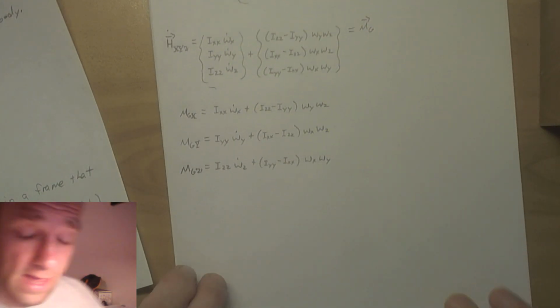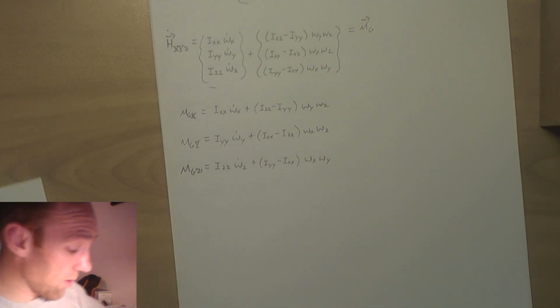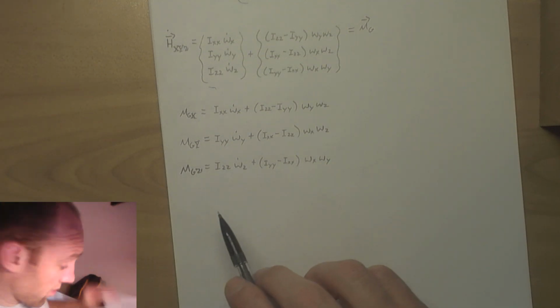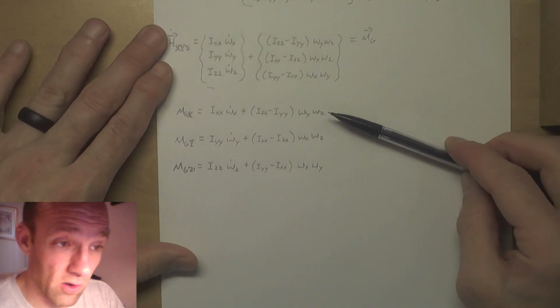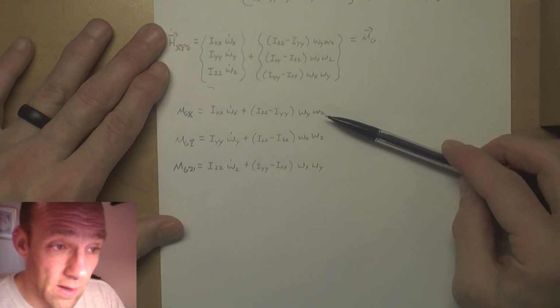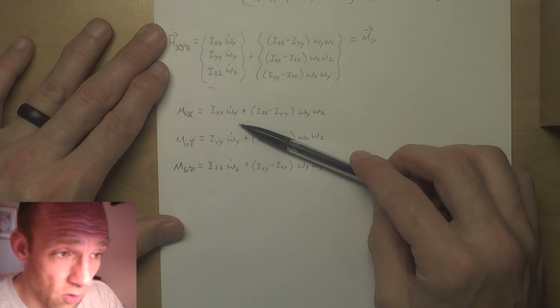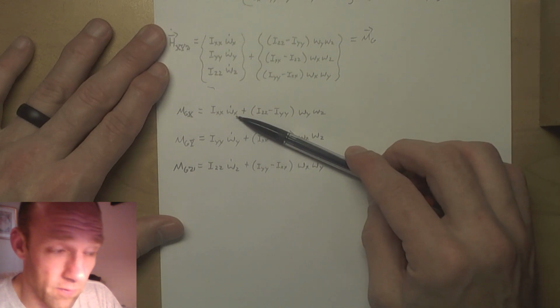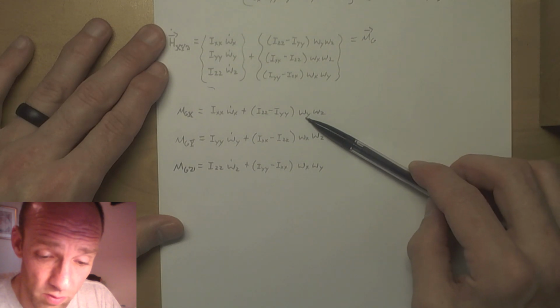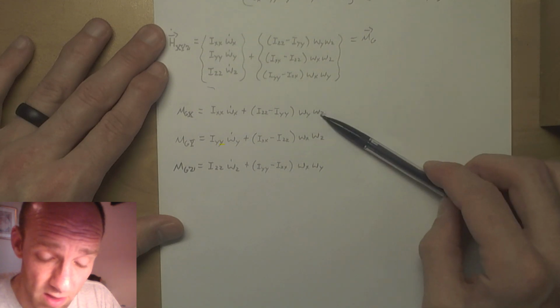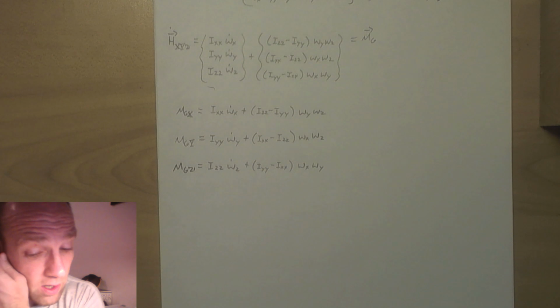All right. Now, remember, if we wanted to solve these differential equations, they're difficult differential equations, coupled, right? So here's an equation in terms of omega x, omega y and omega z. So they're three coupled differential equations.